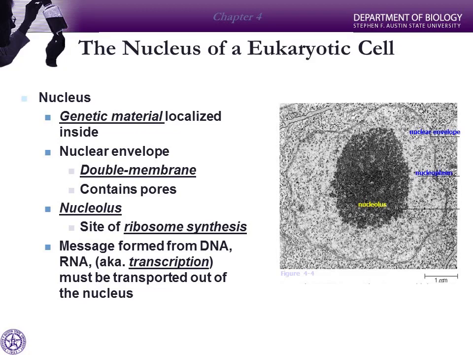So maybe thinking about the alphabet can help you keep straight. Transcription happens in the nucleus: DNA to RNA, same alphabet, nucleotides. When you get to the cytoplasm, we're changing the language from nucleotides to amino acids and proteins. Does that make sense how they came up with those terms, transcript, translate?